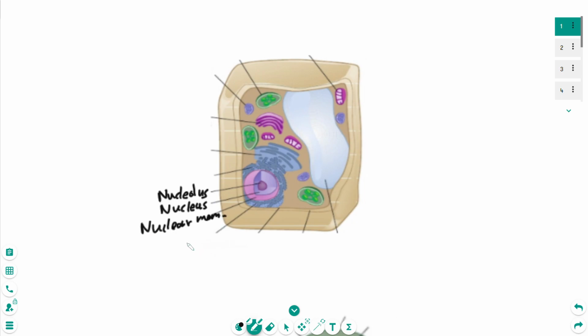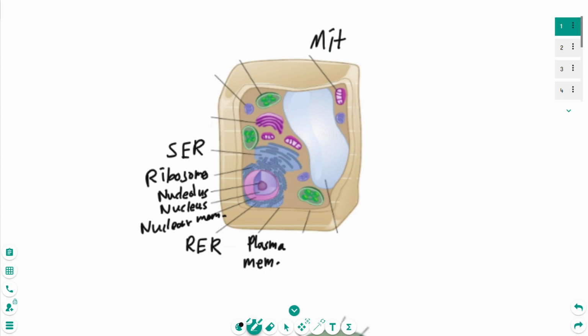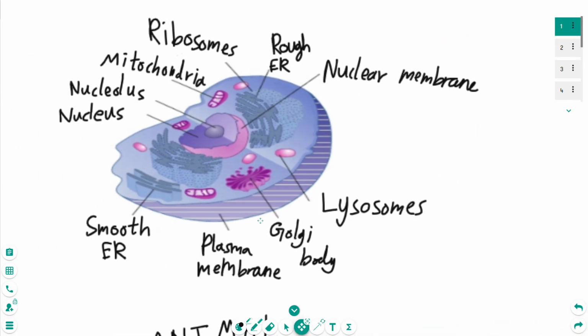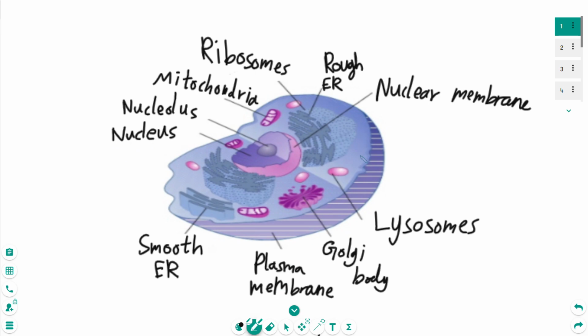You still have the rough ER, you have the smooth ER, you have ribosomes, you still have cell membrane or plasma membrane, and you still have mitochondria up here. So let me just label all of this. And you still have cytoplasm, which I didn't label there. All of these organelles within here are held in a jelly-like substance called cytosol or cytoplasm.